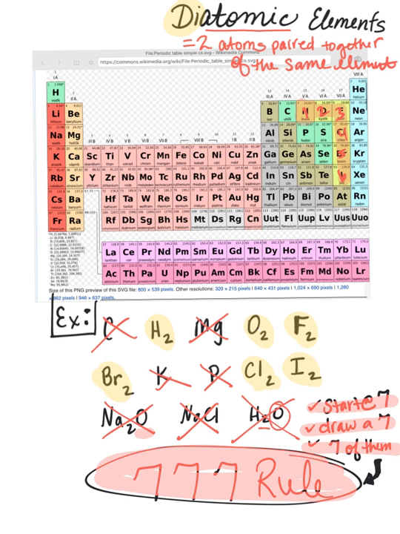So where is the 7th element? The 7th diatomic element is actually hydrogen, so when I go over here, I immediately count that as 7. Anytime you see nitrogen, oxygen, fluorine, chlorine, bromine, iodine, or hydrogen alone in a reaction, we know to put a little 2 there to pair it as a diatomic.